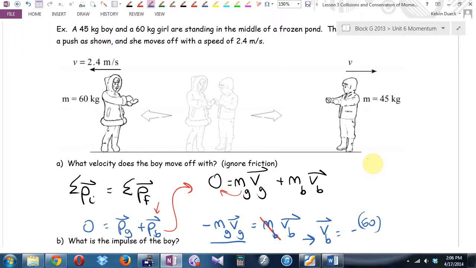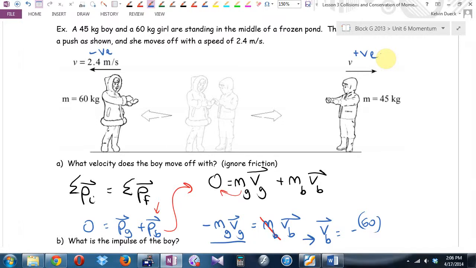So let's make a little note right above where the V is. Let's say that this is negative, positive. So if I end up with a positive answer, it's going to be to the right. If I end up with a negative answer, it's going to be to the left. Could have let it be the other way around too, and it's perfectly fine.